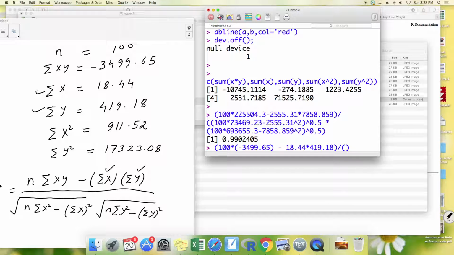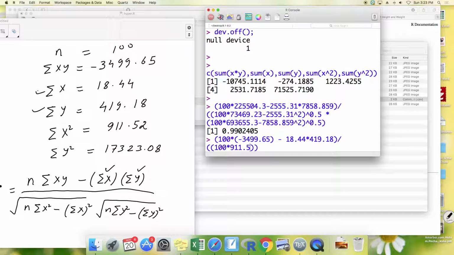Divided by, okay, once again two terms. The first term is, so two terms, I'm using multiple brackets. So this bracket is for the first term and this bracket is for together. So 100 times summation x squared, which is 911.52, minus summation x whole square, so 18.44 square. Now we are not done, we have to square root it.